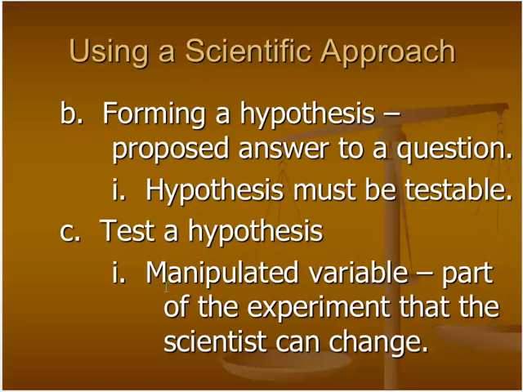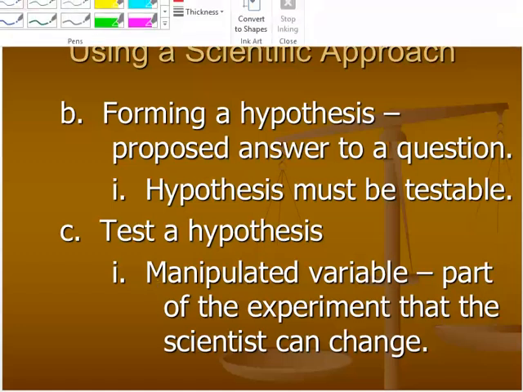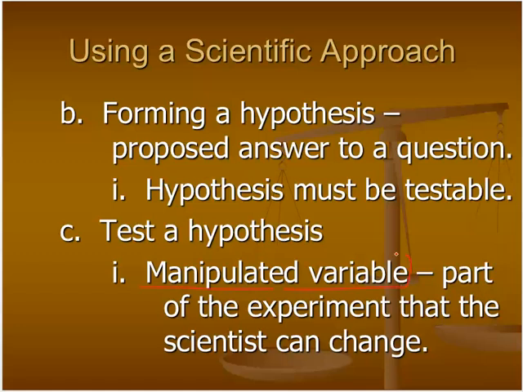The other thing I want to go over here is what's called the manipulated variable. This manipulated variable is the part of the experiment that the scientist can change. A lot of times, the manipulated variable is what they call the dependent variable.